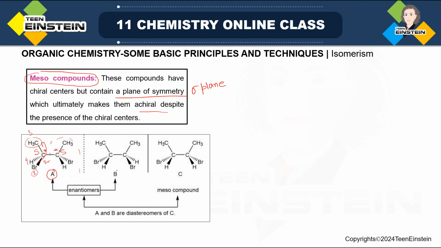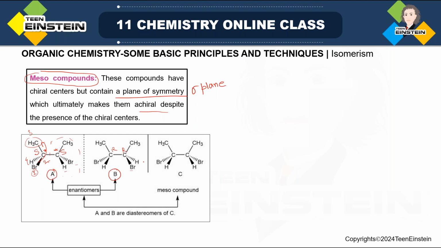Now for the next molecule, molecule B, see the positions of H and Br, they are just reversed. When we know that the positions of two groups are reversed, it is no longer S, it is R. And similarly, this is also R. Here you can see H and Br, their positions are as if exchanged.